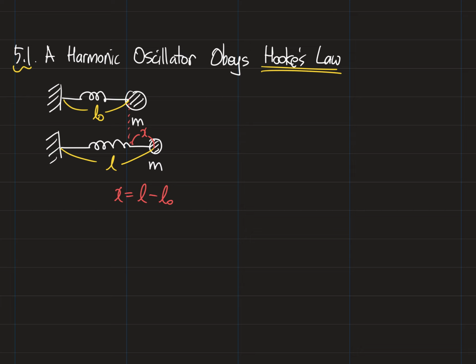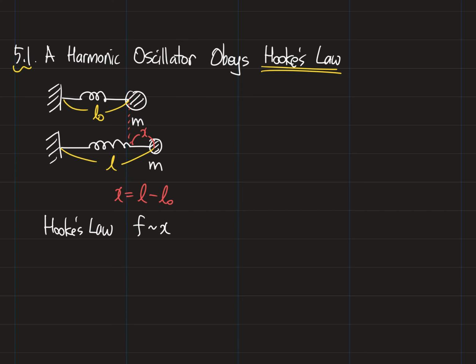So this system obeys a fundamental principle known as Hooke's law. This law states that the spring exerts a restoring force, F, that is directly proportional to the displacement x.